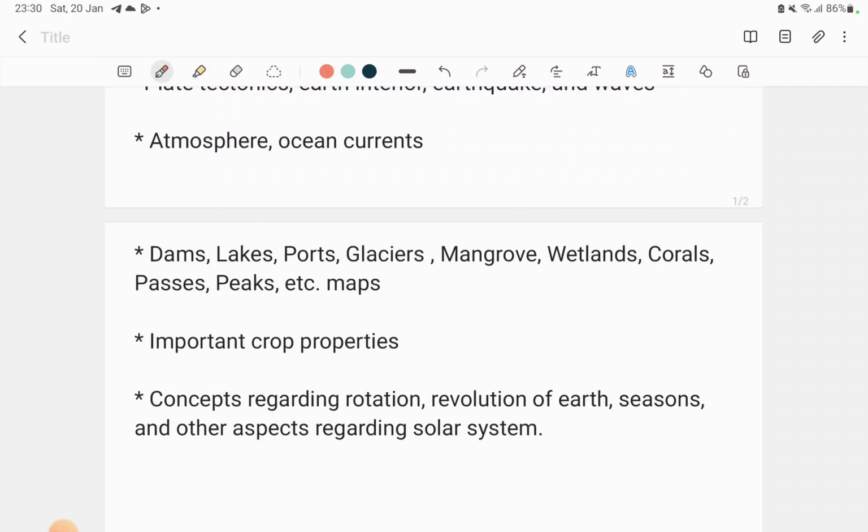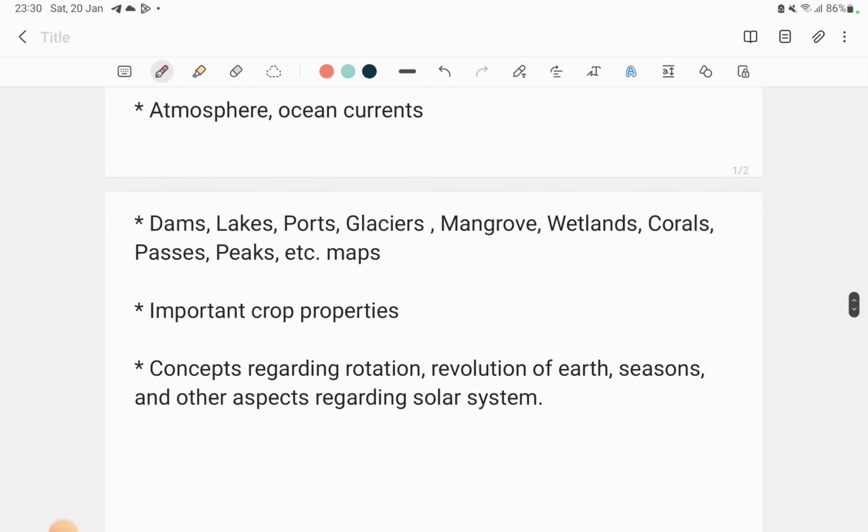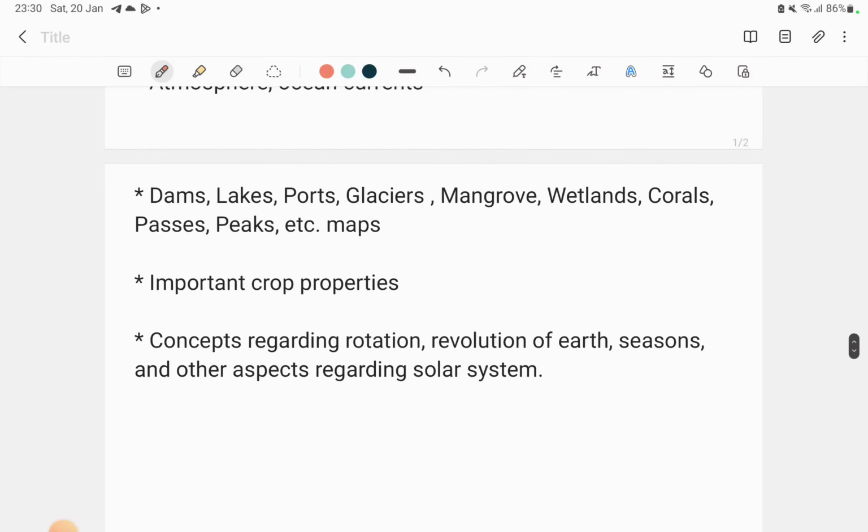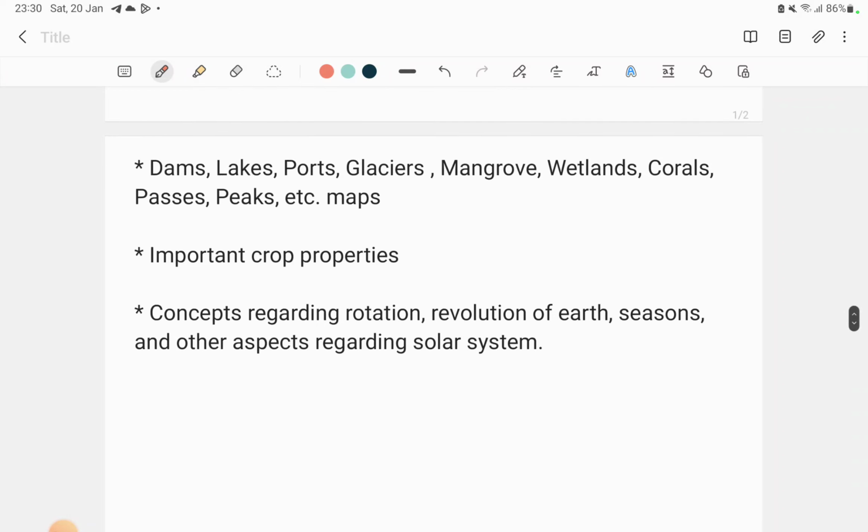Likewise you prepare on each and every topic: mangroves, wetlands, corals. There are questions, and you study these topics map wise. Then important crop properties: sugarcane, jowar, wheat, maize. You need to know their properties, especially temperature, soil conditions, humidity or rainfall.